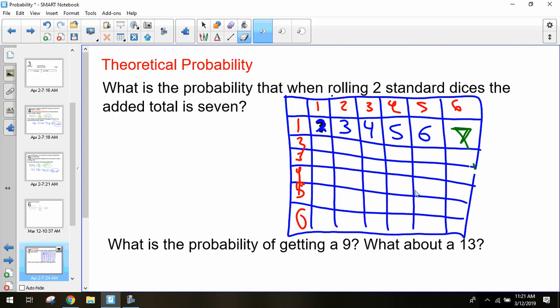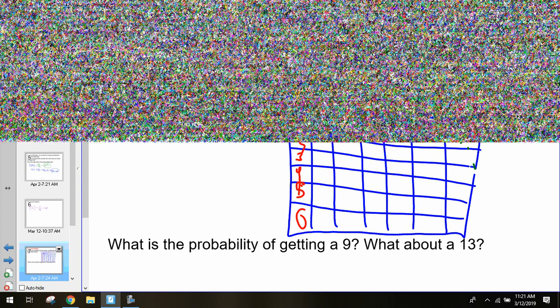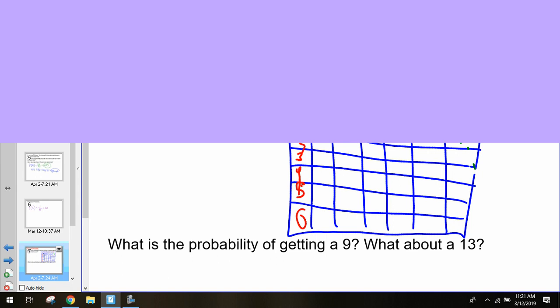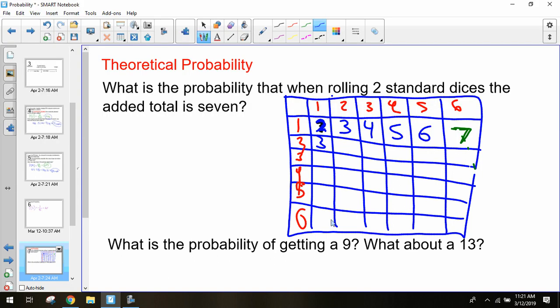So here's my 7. If you keep going, a 2 and a 1 give me a 3, a 2 and a 2 give me a 4, a 2 and a 3 give me a 5, 6, another 7, and then an 8.